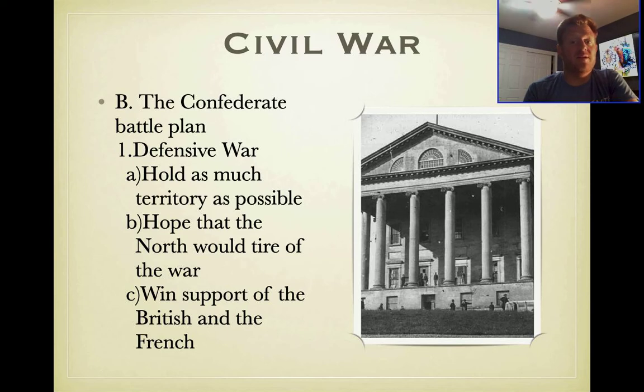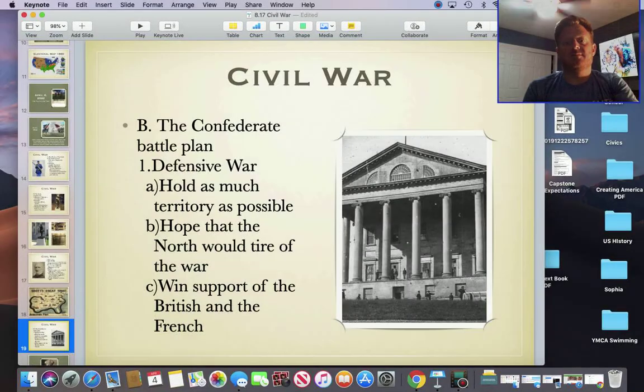That's what Great Britain did, and George Washington ran that plan to a T. And number three, win support of the British and the French. They're selling cotton to the British because the British manufacture all these clothes and cotton goods, and they're hoping to get them on their side. That doesn't end up happening, but we'll talk about that later.